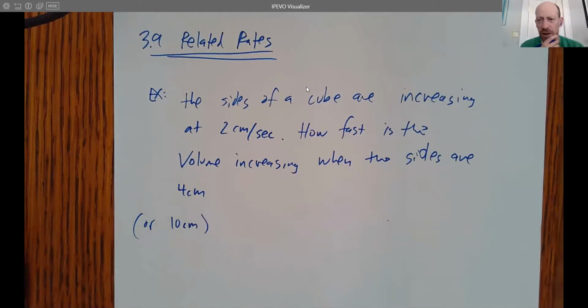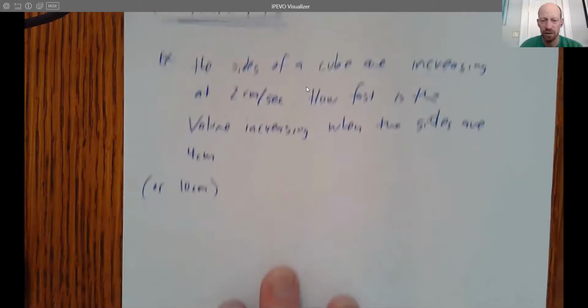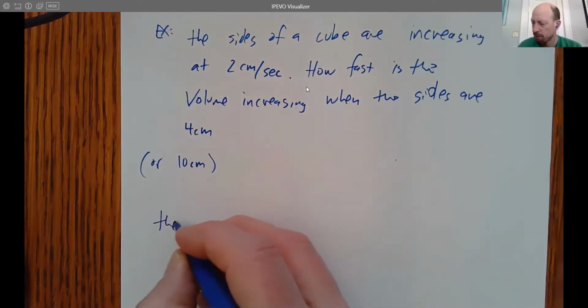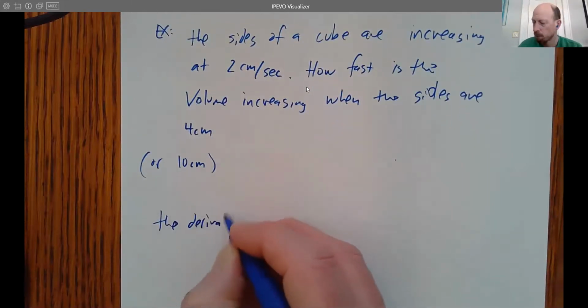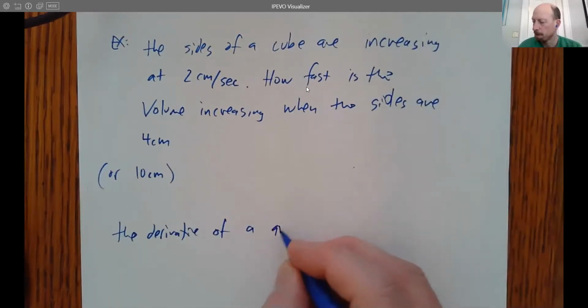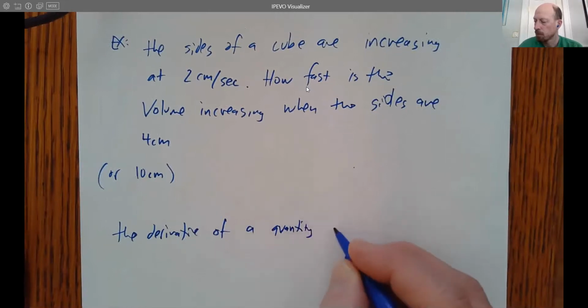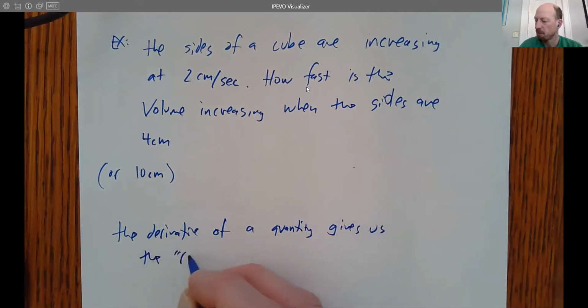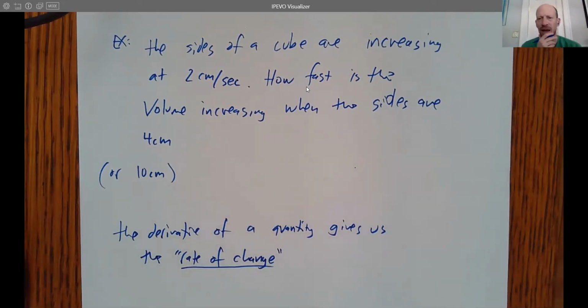And for us, what's really important, maybe I should have mentioned this beforehand, is that the derivative of a quantity gives us the rate of change. So in application problems, rate of change is really the derivative.